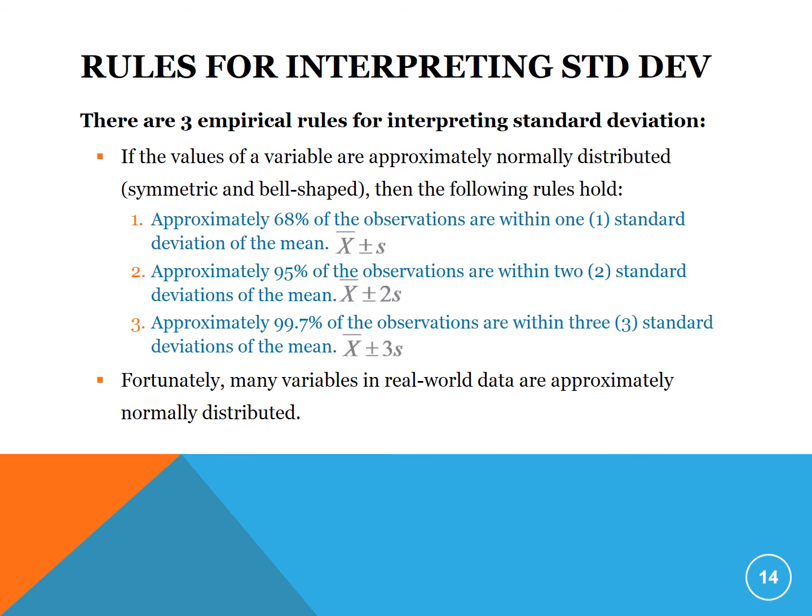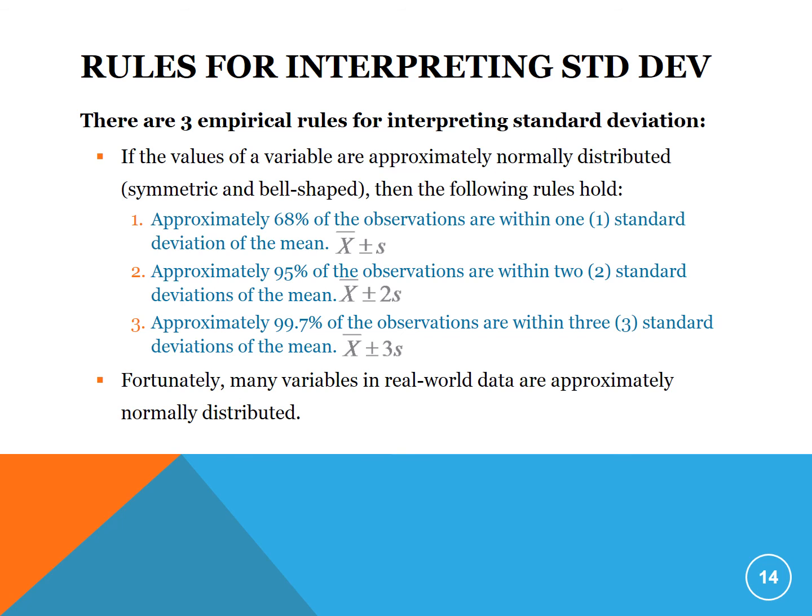And we just mentioned this, but I wanted you to see another way in which you might see it in the future, where it's x bar, which we know means mean, x bar plus or minus s, which we know means standard deviation, x bar plus or minus 2 times the standard deviation, and then x bar plus or minus 3 times the standard deviation.